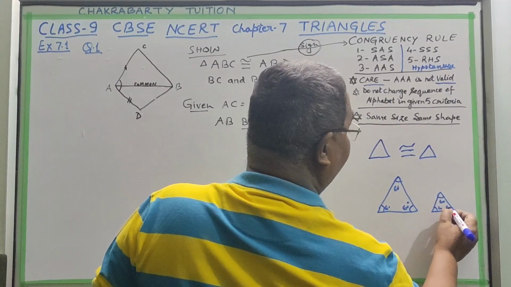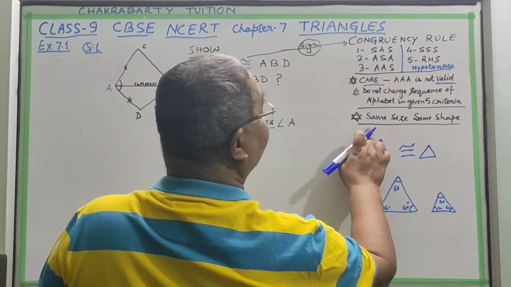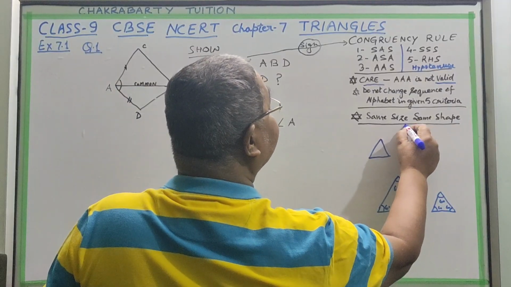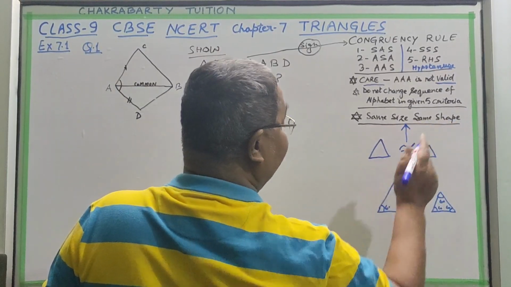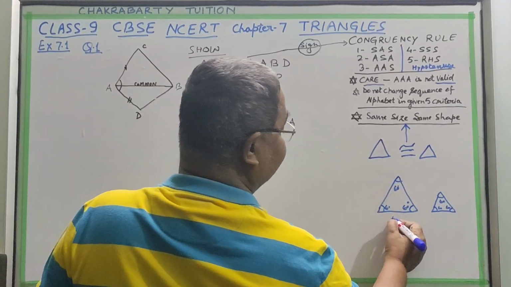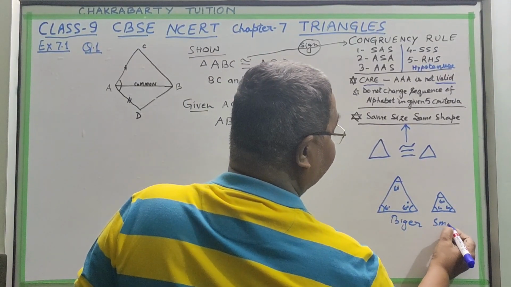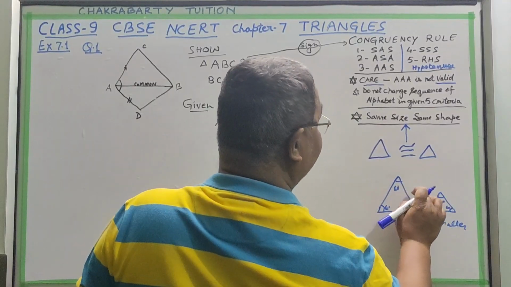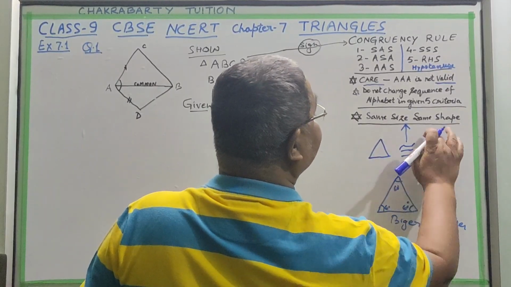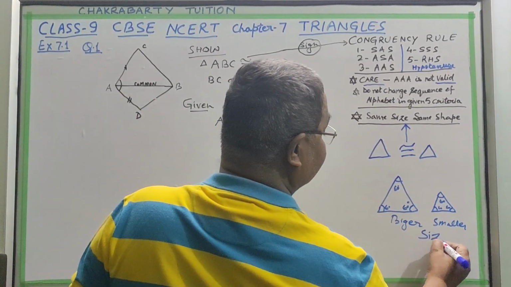But this is not congruent, because for being congruent, it should be same size, same shape. Size is not same. Here it's bigger, and it is smaller. Shape of course same, it is triangle, but size is not same. So it is not congruent.